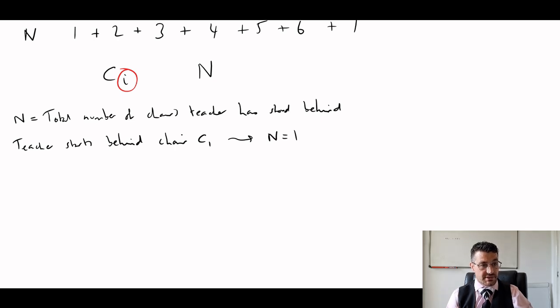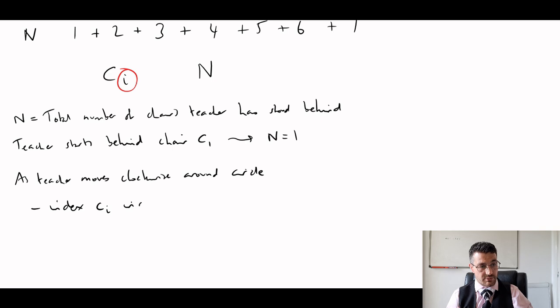As the teacher moves clockwise around the circle, two things happen. The index of Ci increases by 1 each time, up to 9, and then goes back to 0.